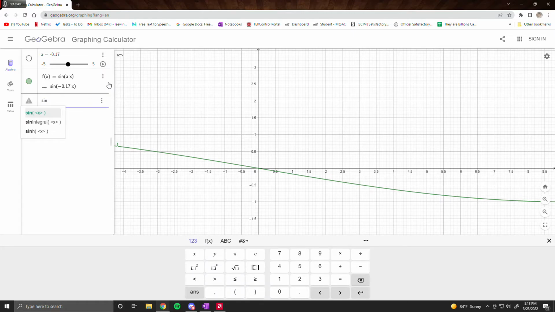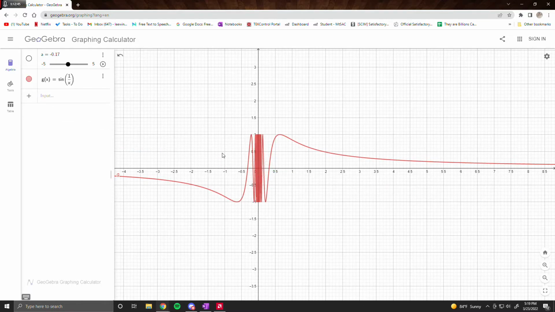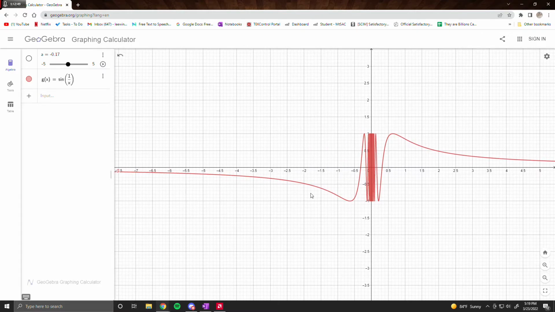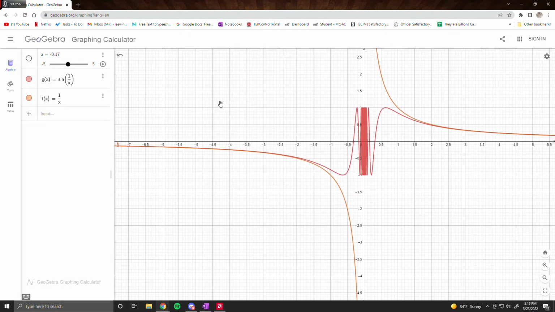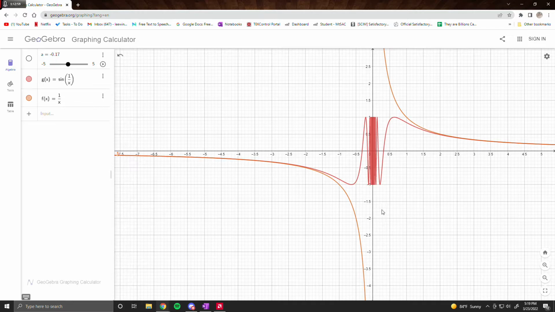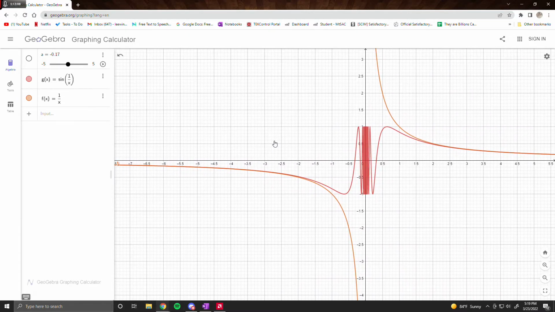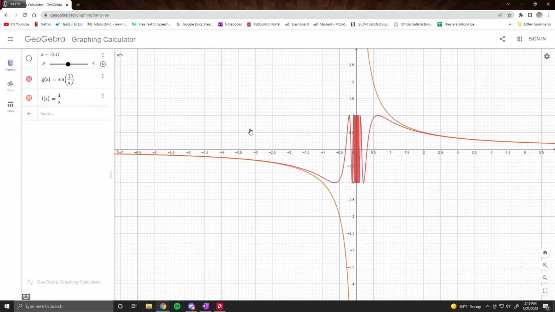Well, 1 over x is kind of doing both at the same time. If we look at sine of 1 over x, near large x the inner values are really close to 0, and sine of small numbers gets really stretched out.